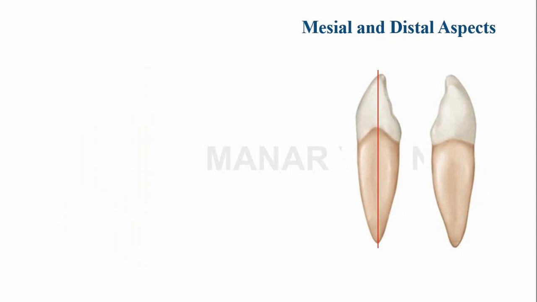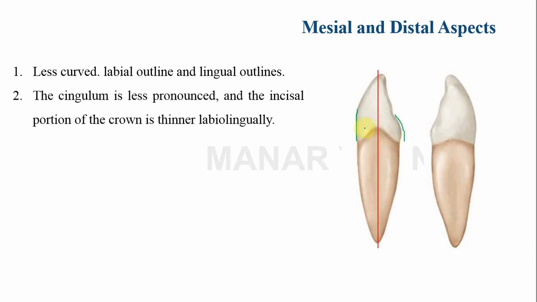Moving to the proximal aspects, the mesial and distal aspects. This is the mesial aspect. Usually, the labial and lingual outlines are less curved than those of the maxillary canine. The crest of curvatures are also located in the cervical third of the tooth. The cingulum is less prominent.